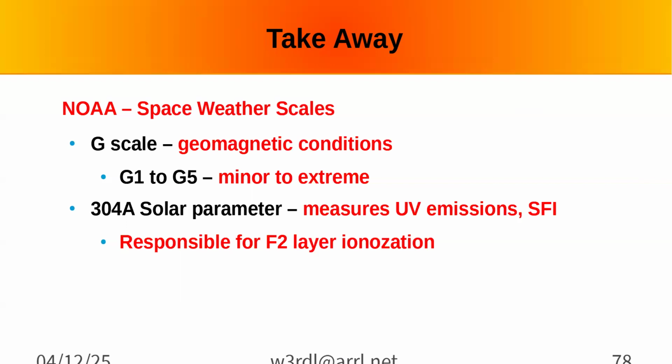And the 304 angstrom measurement is measuring ultraviolet emissions. It's kind of an indicator of how well the F2 layer is being ionized, since it's mostly ultraviolet that's doing it. Besides infrared, I think the major radiation out of the sun is ultraviolet.